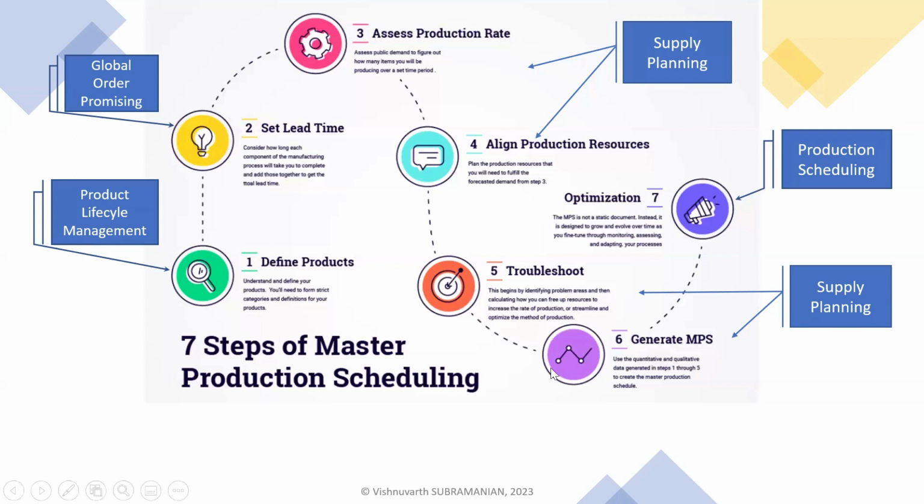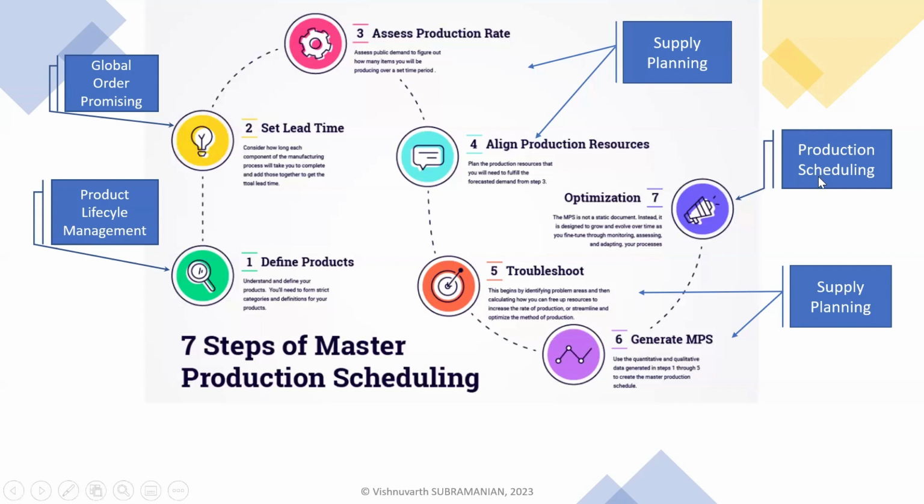And once you solve those exceptions, you rerun the plan to create the master production schedule, which you publish to Production Scheduling Cloud. In production scheduling, you will have a daily bucket of what product to produce, when to start, when to stop, and what manufacturing resources are going to be used to build the product.